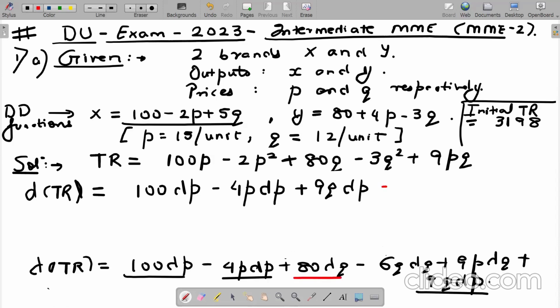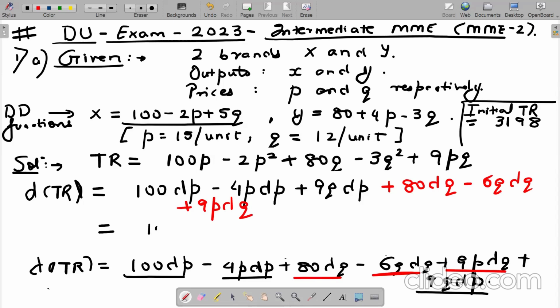So in red color, students can see 80 dq minus 6q dq. And then I have 9p dq. So I can write that this is going to be, I can take dp common. So 100 minus 4p plus 9q. Let me write this clearly.